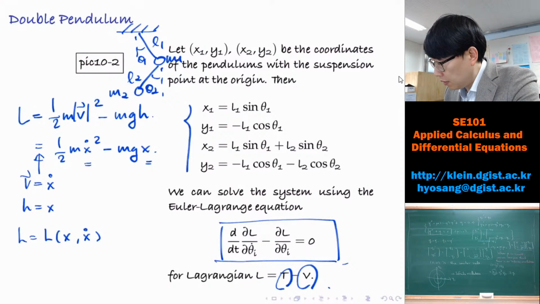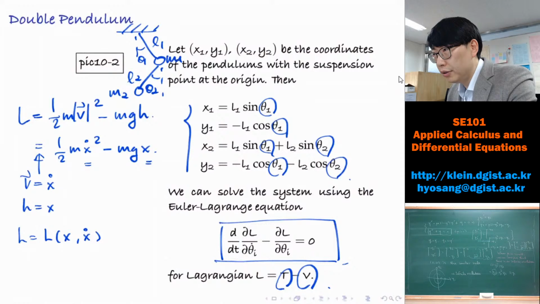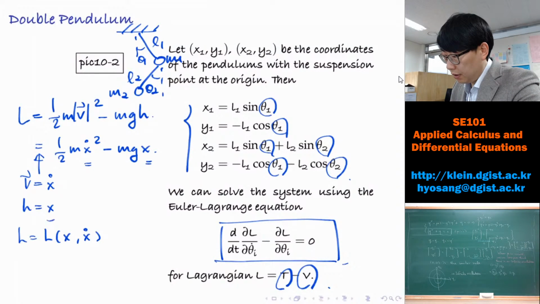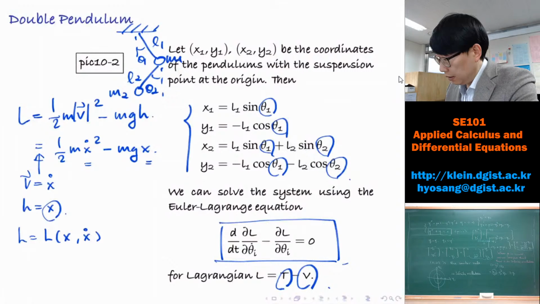The positions of m1 and m2 are exactly determined by theta 1 and theta 2. So I can consider theta 1 and theta 2 as working like x. My L is now a function of theta 1, theta 2, theta 1 dot and theta 2 dot.